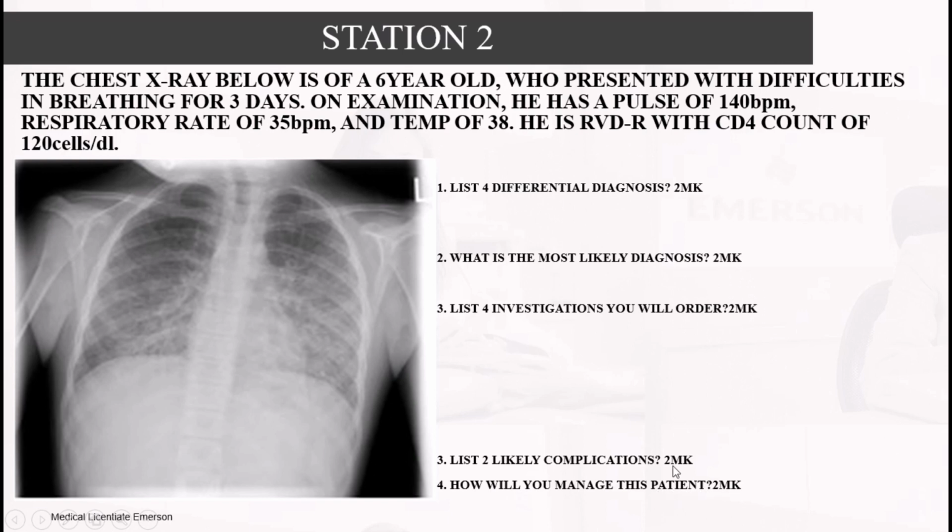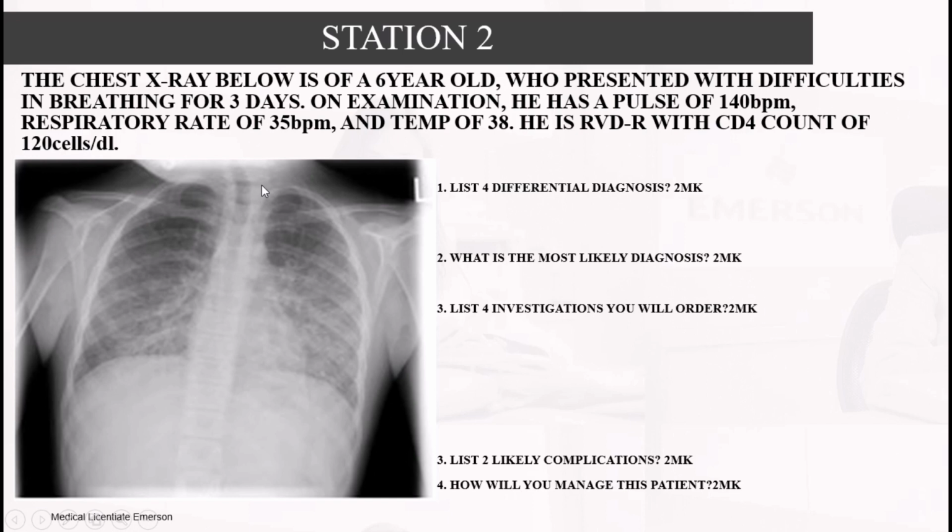So for the 4 differentials, let's go through some risk factors. This patient is 6 years old, presented with difficulties in breathing for 3 days. Then he has a high pulse, a respiratory rate of 35 breaths per minute, a high temperature as well, and his RVD reactive CD4 count is low.